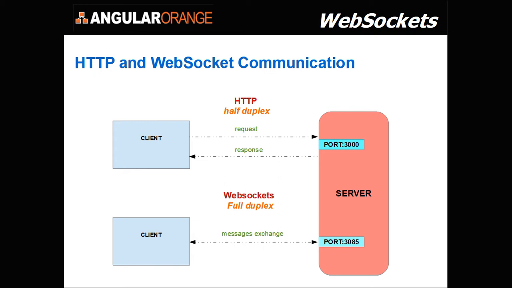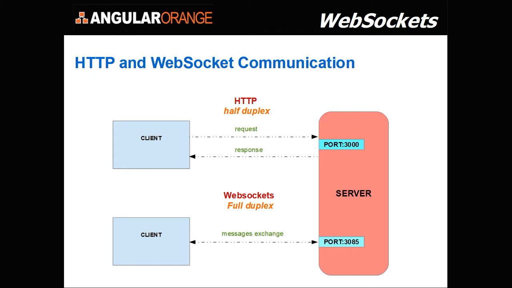So if your client communicates with port 3000 and requests a web page, you could easily then bump it up to a WebSockets connection, or even have that client communicate through a different port number and create a WebSocket connection on the same server in the same server app.